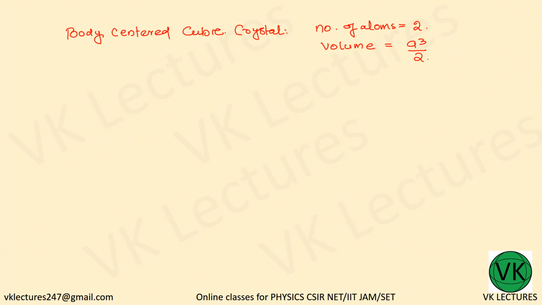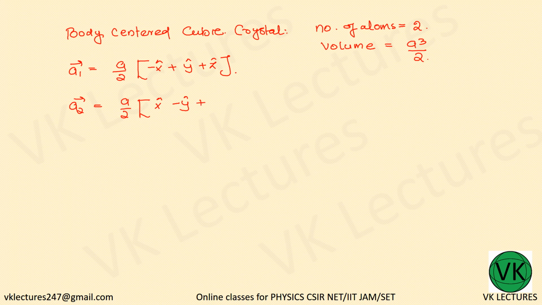Now the vectors: a1 is equal to a by 2 into minus x cap plus y cap plus z cap, a2 is a by 2 into x cap minus y cap plus z cap, a3 is equal to a by 2 into x cap plus y cap plus z cap.